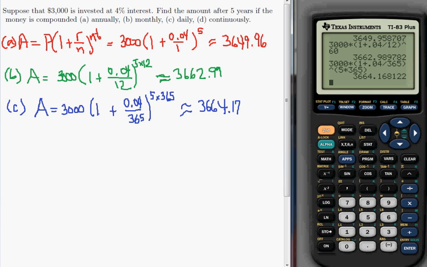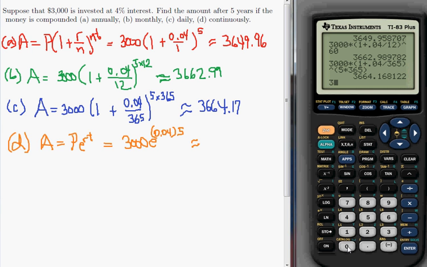And finally, the limit. If it's continuous compound interest, the formula would then be P times e to the rt, which would be 3,000 times e to the 0.04 times 5.